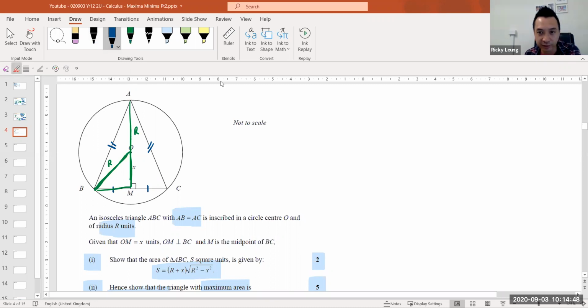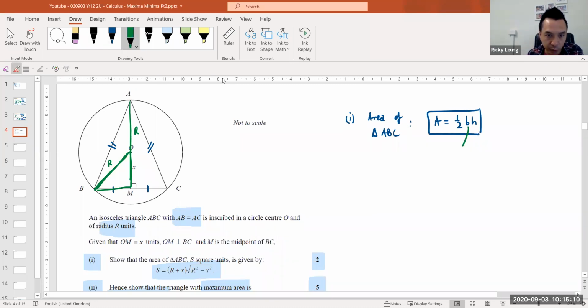We know from our year 3 studies that the area of triangle ABC, let's denote it with A, is a half base times height. Let me put a box around this because it's ultimately very important. The base is going to be, now I'm going to let it be some other letter if that's okay.